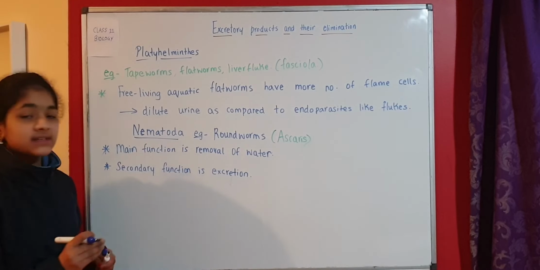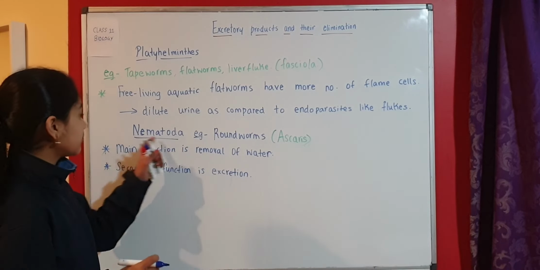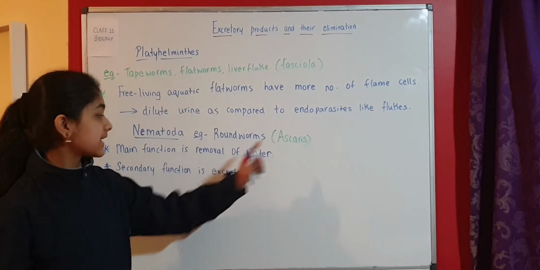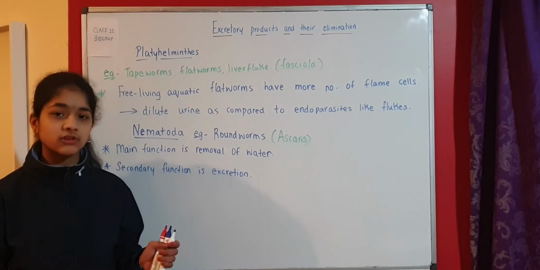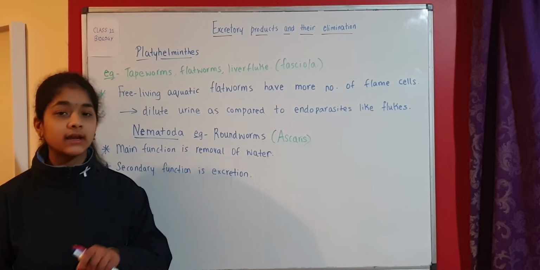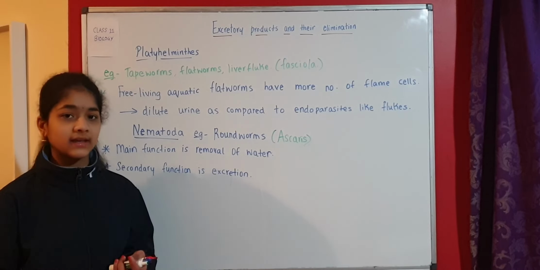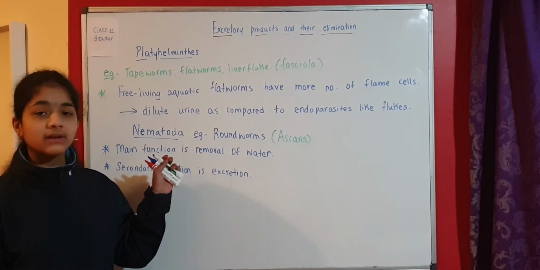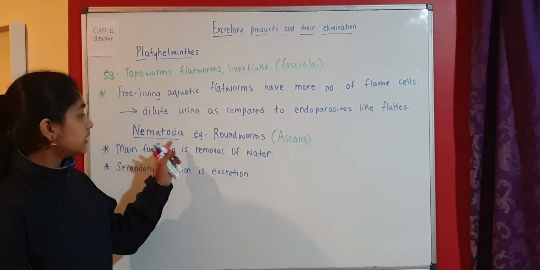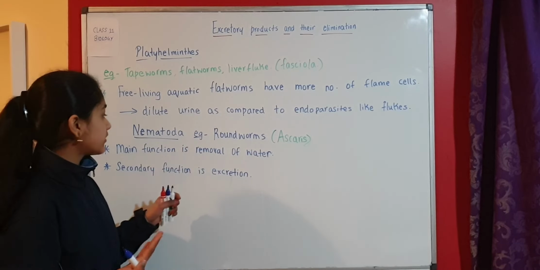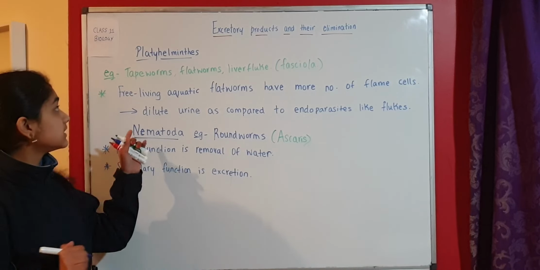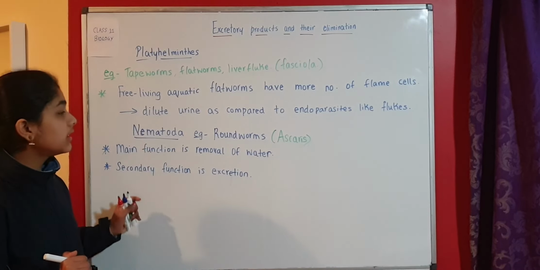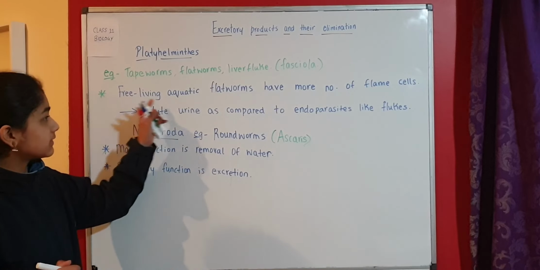So these are some important points about Nematoda. Example is roundworm Ascaris. In this video we have taken a look at excretory structures in Platyhelminthes and Nematoda, two phyla in the animal kingdom, along with some examples and species names.